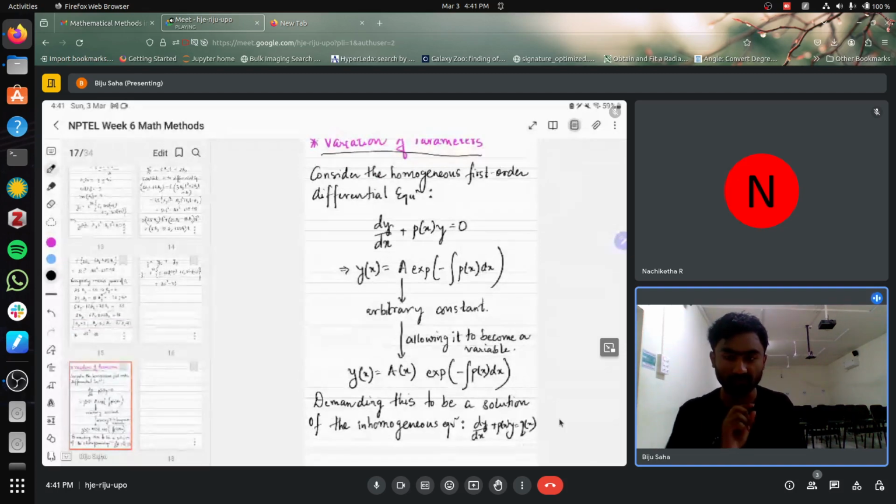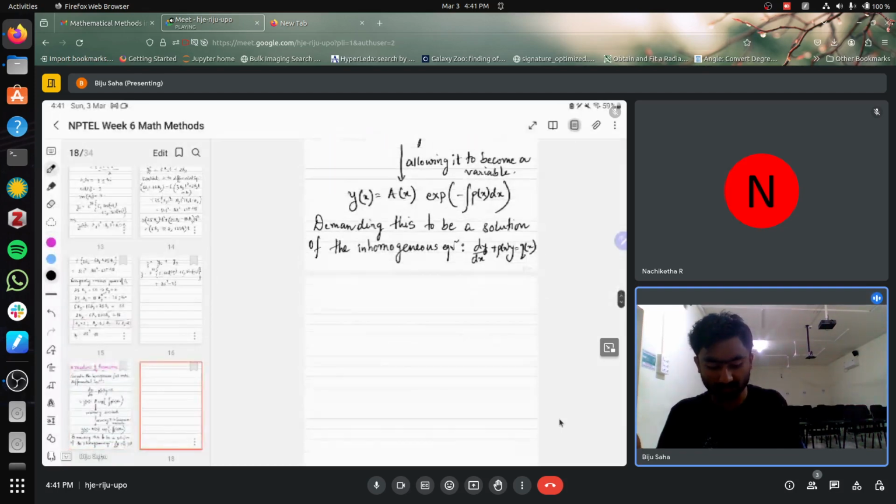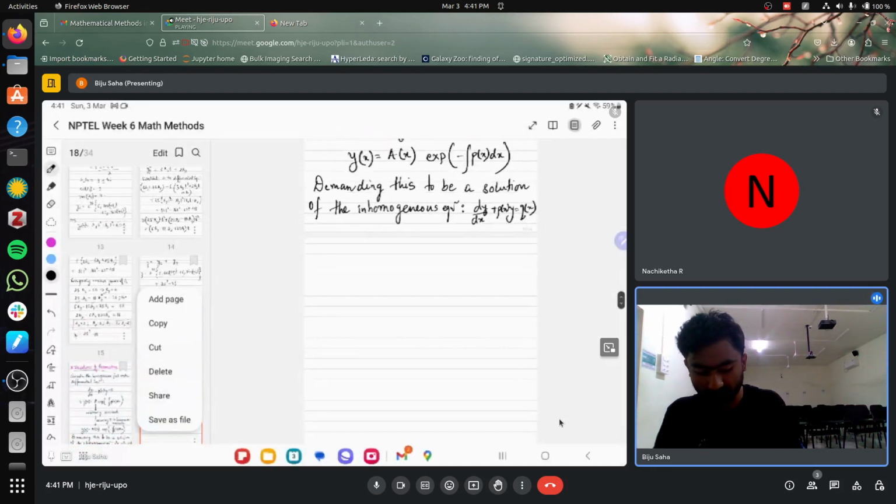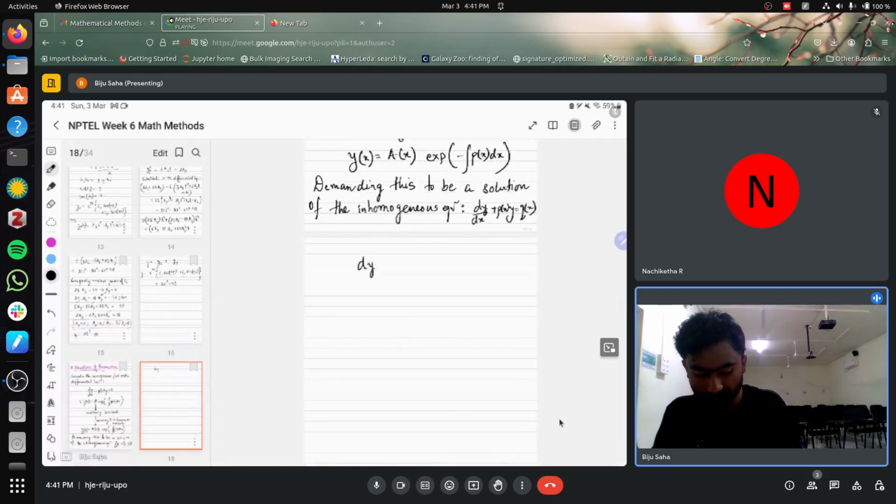In the previous lecture, I said that if your linear differential equation has the form dy/dx plus p(x) y is equal to q(x), then essentially you have to find the integrating factor e to the power of integral p(x) dx, and your solution takes this form.